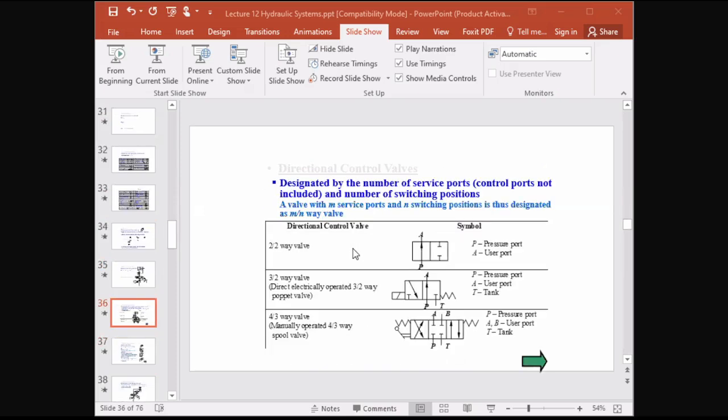These are valves. These things we will discuss next time.